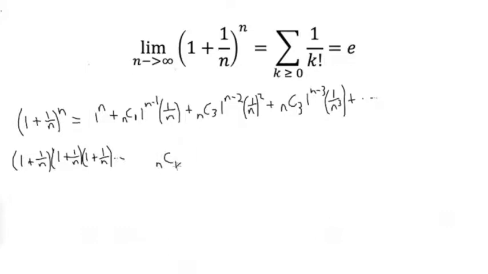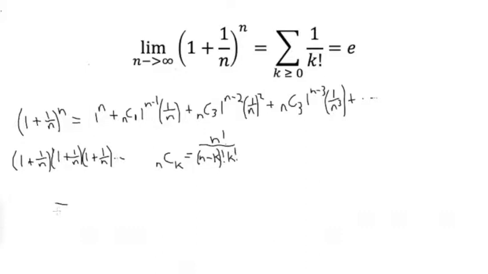Now this coefficient is called the binomial coefficient, and generally it looks like this. nCk, n choose k, equals n factorial over (n minus k) factorial times k factorial. That's what the coefficient is, and k is the term. So if we're looking at the first term, k is 1, so nC1; for nC2, k would be 2.